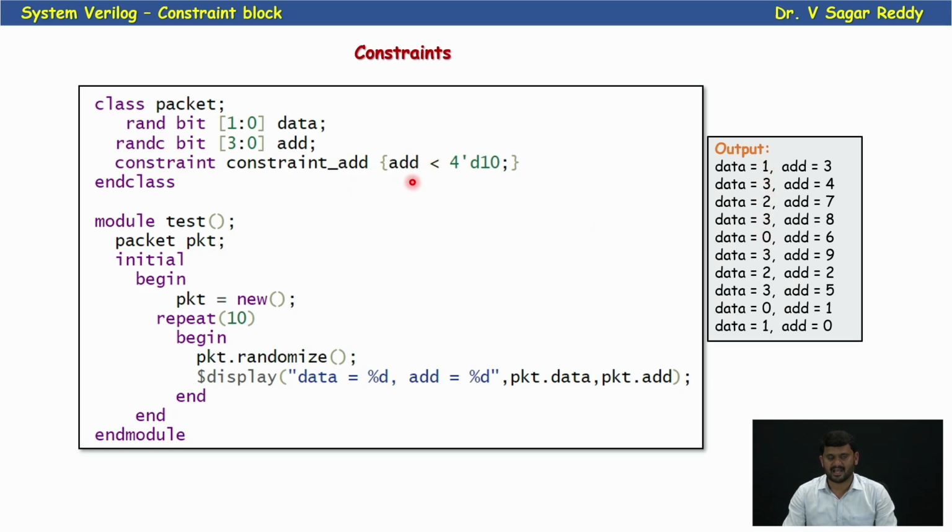And also if you see the address, the range of this address is 0 to 15, because 3 down to 0 is 4 bits, so it generates from 0 to 15. But what is the condition we mentioned? What is the expression in the constraint block? That address should be less than 10. If you observe the address values, all the values generated by this randomization method are less than 10.